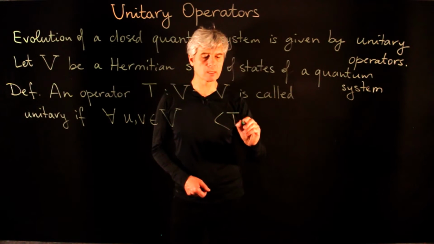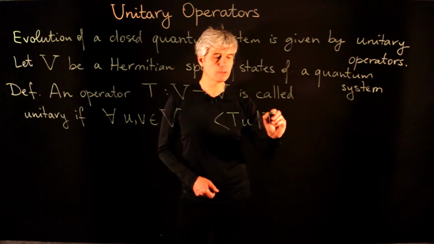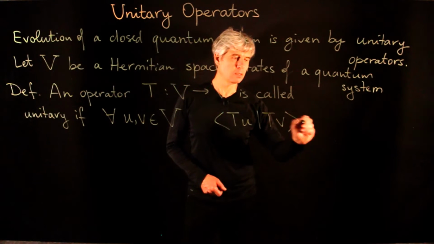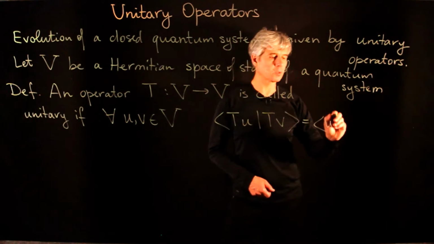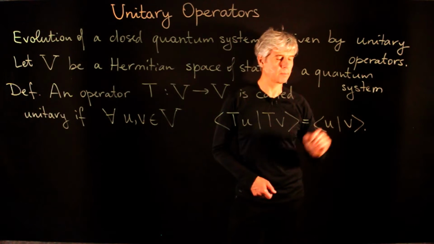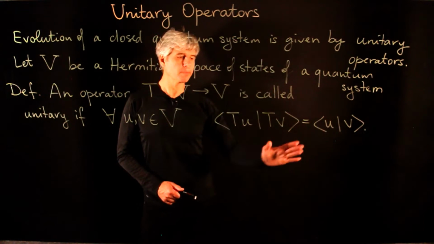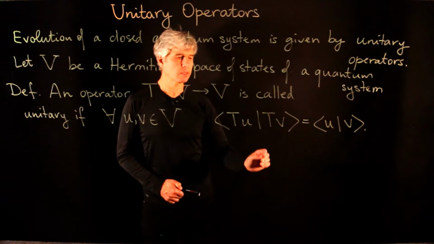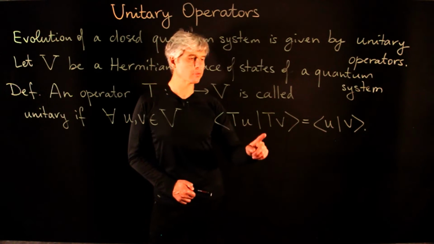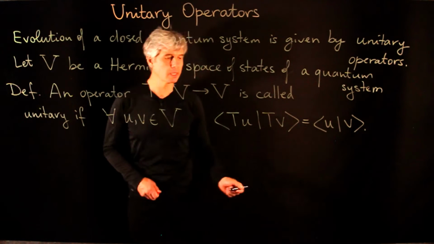So this means that (Tu, Tv) is equal to the scalar product of u with v. This property basically states that operator T preserves the Hermitian scalar product.